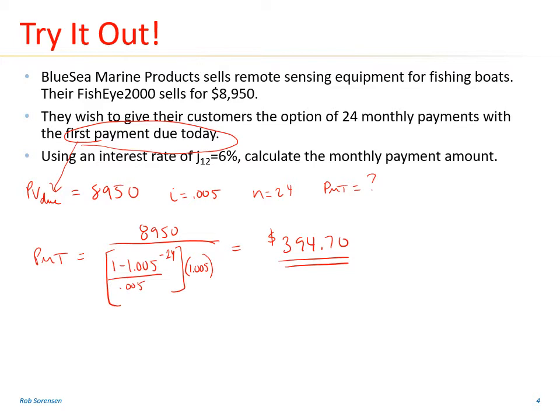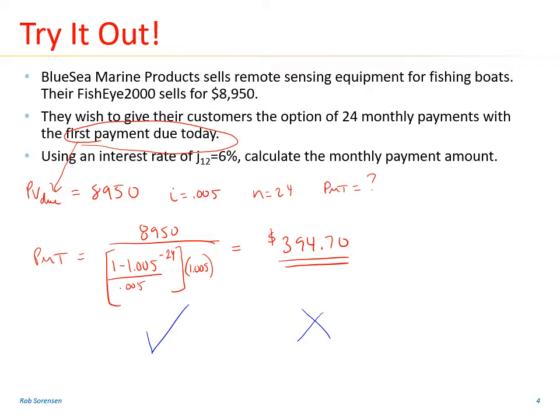Now, what happens if you didn't quite get that? Let's not just carry on too quickly. Let's stop for a minute. If you worked all this out and you had the same formula that I had, but you didn't get the same number, you got a number a little bit bigger, what that means is a 1.005 accidentally migrated up top for you.